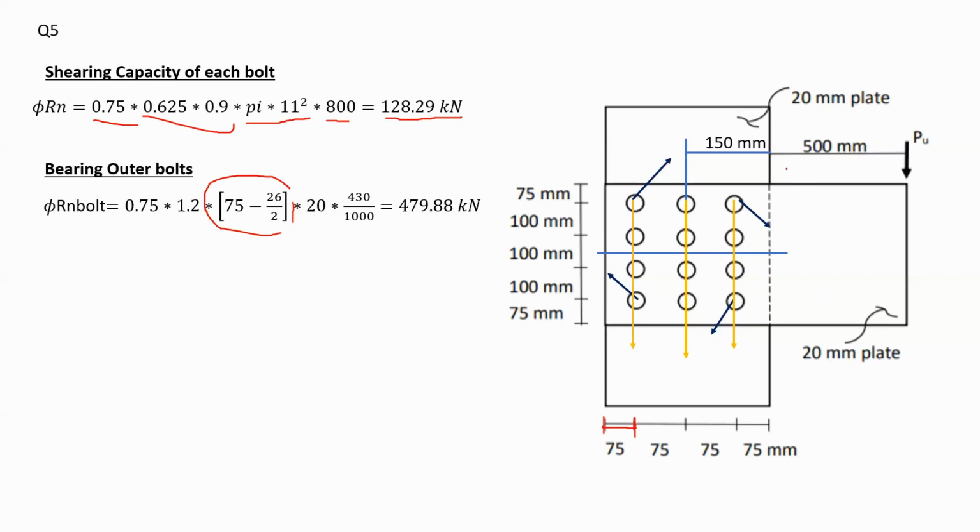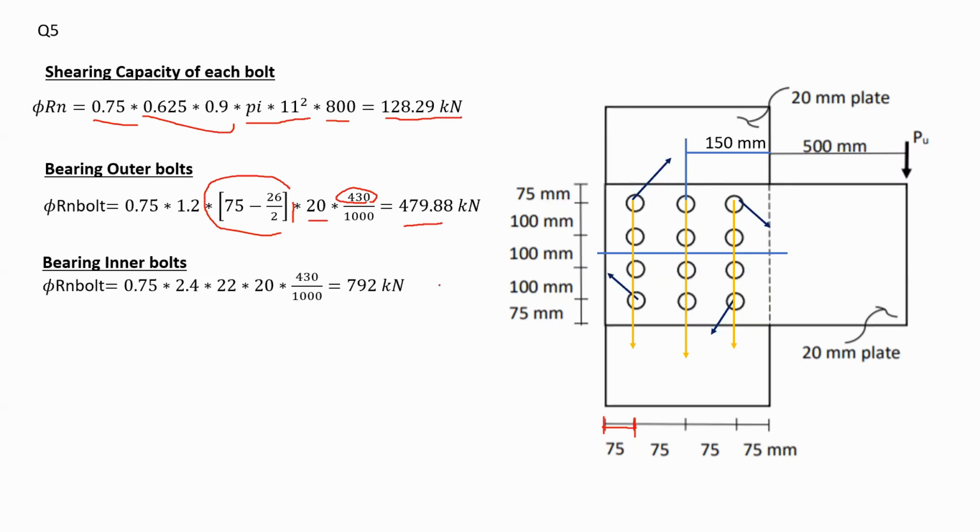Which plate? As you can see, this plate is 20 millimeters and that one is 20, so it doesn't matter which one you pick. So I take 20. And lastly, I have F ultimate over here, 430. Now we substitute everything, we get the bearing capacity of outer bolts, almost 400 kilonewtons.